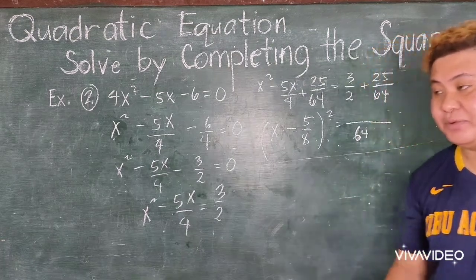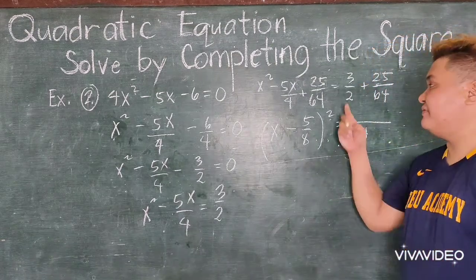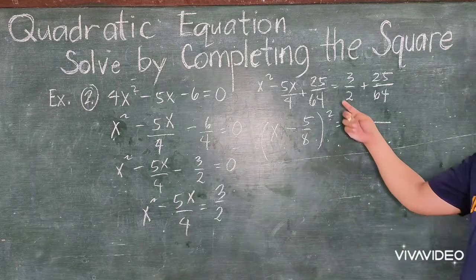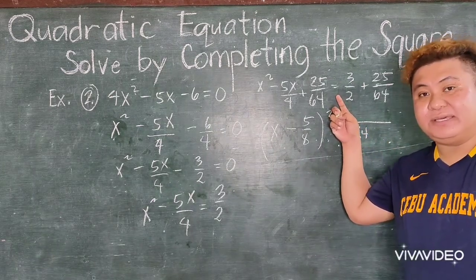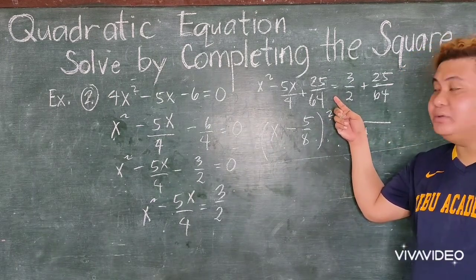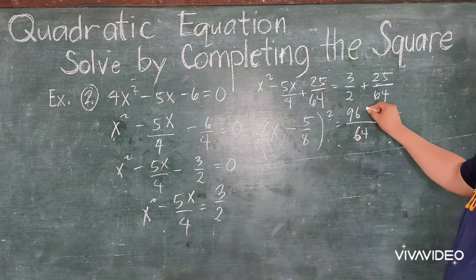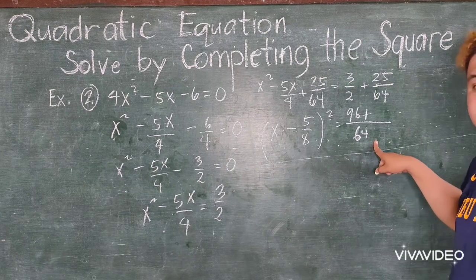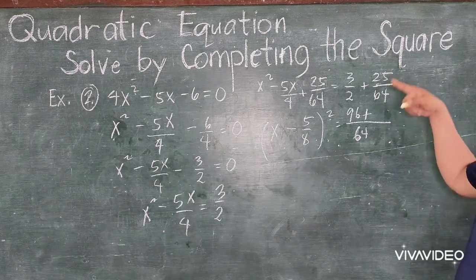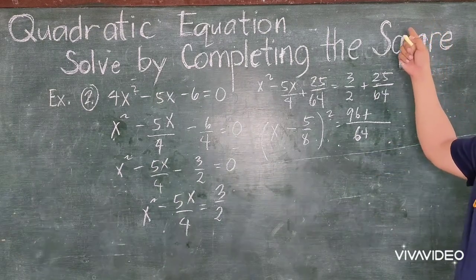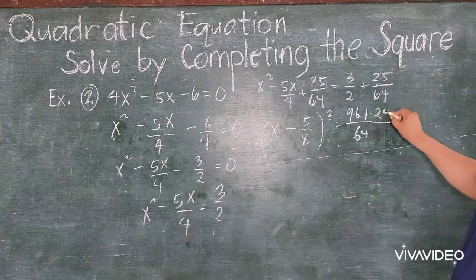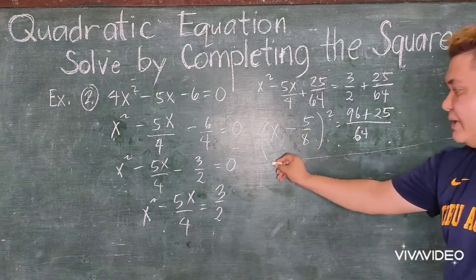Let's have this one first. 64 divided by 2 is 32 times 3, which is 96, plus 64 divided by 64 is 1 times 25 is 25.